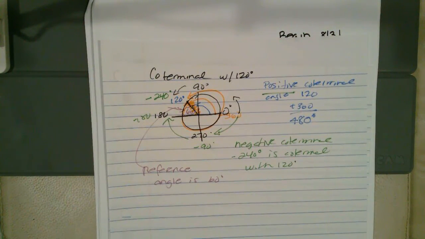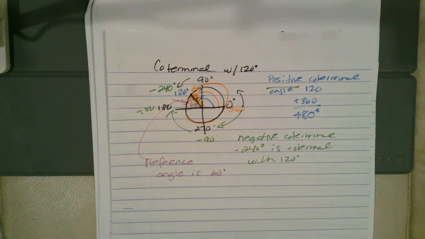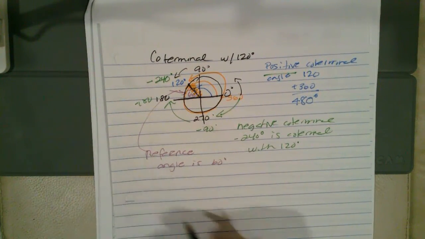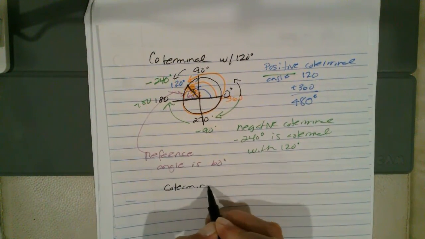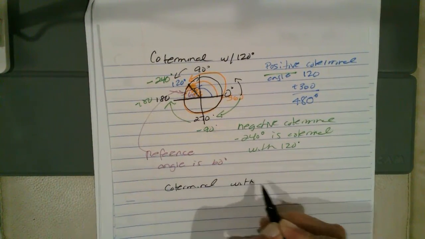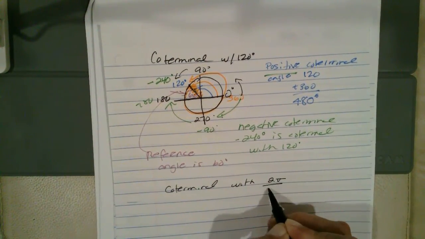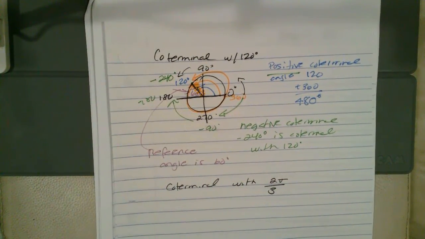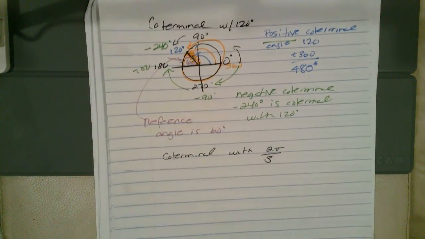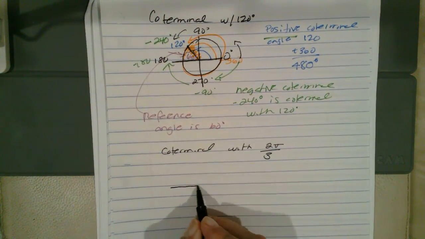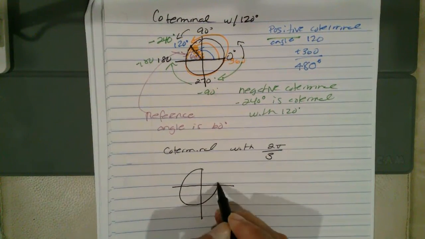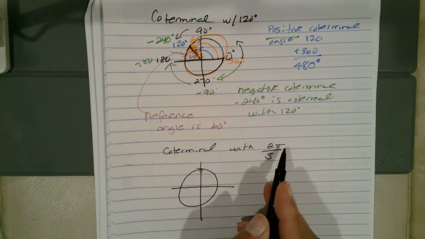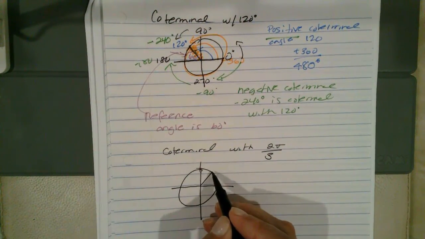degrees. We can do the exact same thing measuring radians. So let's find coterminal with 2 pi over 3. You could use your unit circle, or we can go backward. Coterminal, it's a positive coterminal angle. I need 2 pi over 3. Remember, 1 pi over 3 is here.